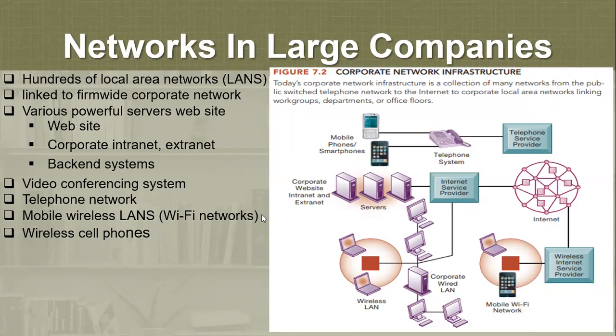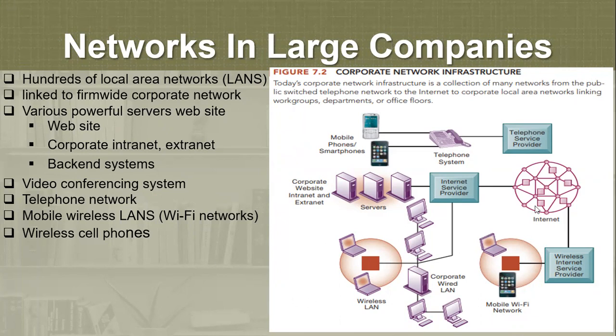Networks in large companies. Hundreds of local area networks are linked to the corporate network, with various servers, websites, corporate intranet, extranet, back-end systems, video conference system, telephone network, mobile wireless, LANs, Wi-Fi networks, and wireless cell phones. This is the corporate network infrastructure.